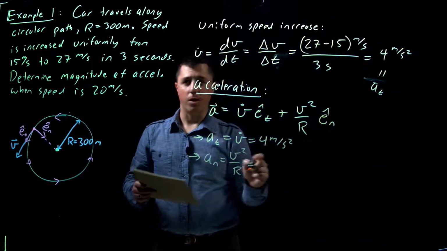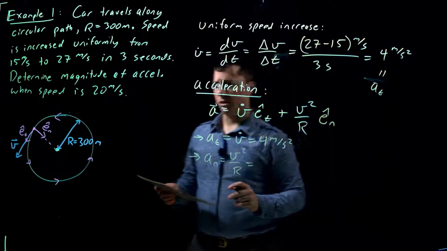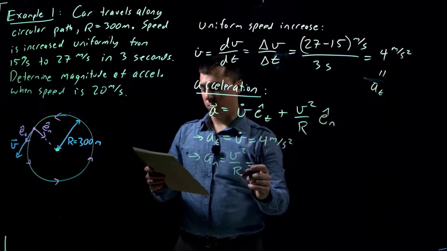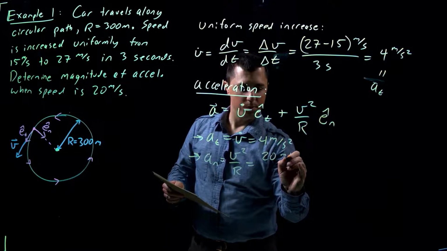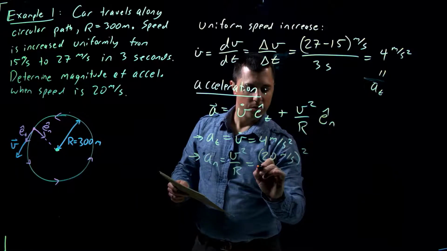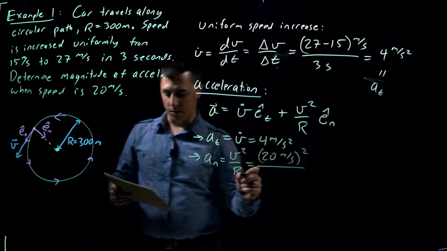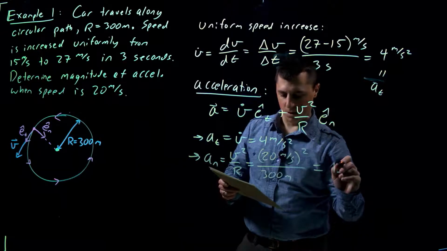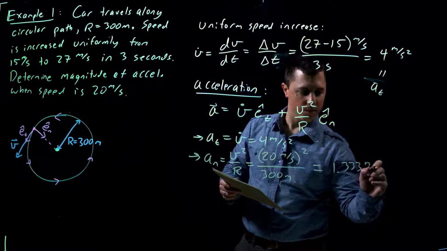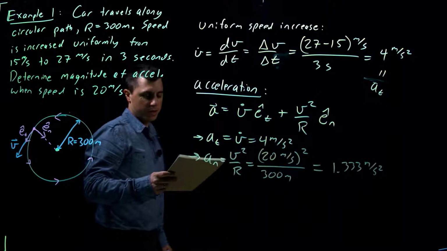Okay, so we want to know what the magnitude of acceleration is when the velocity is 20 meters per second, so we're going to plug in 20 meters per second for velocity, and the radius is always 300 meters. This is a value of 1.333 repeating meters per second squared.